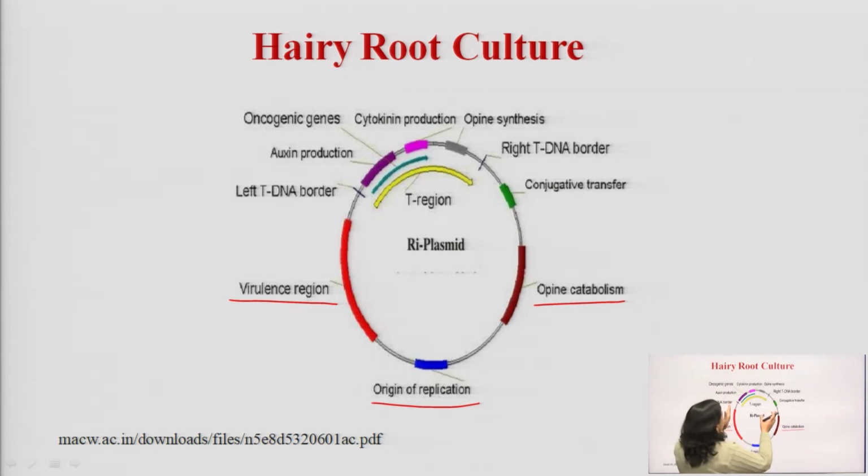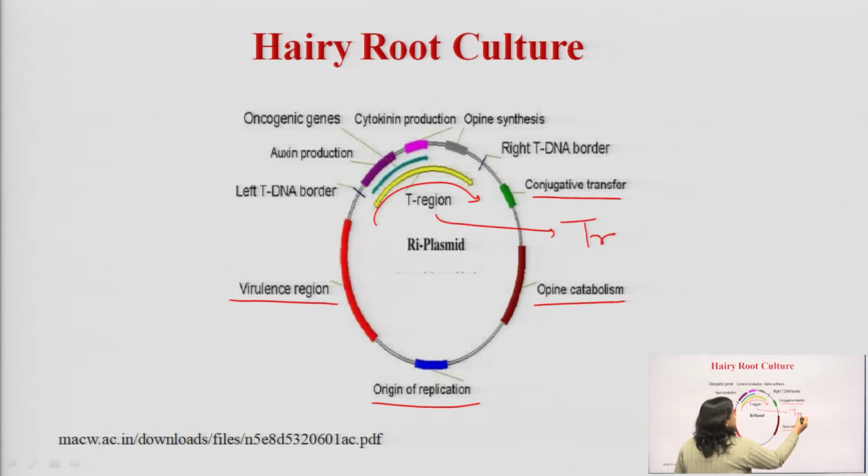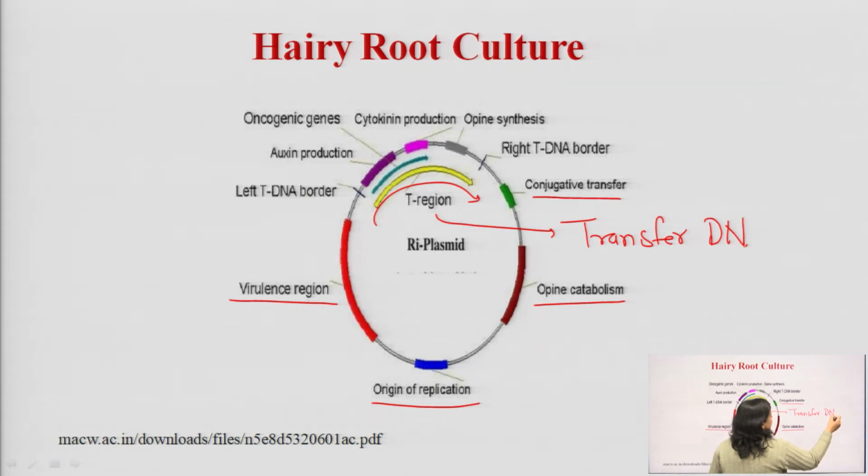Now, we move further. This is the conjugative transfer part, which helps in transfer of the RI plasmid into the plant cell. And here this yellow region which you can see is the T region, which is known as the transfer DNA. This region is going to get transferred inside the plant cell. This region has different regions.